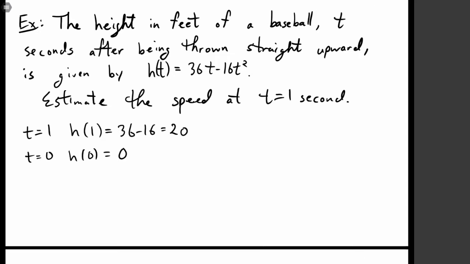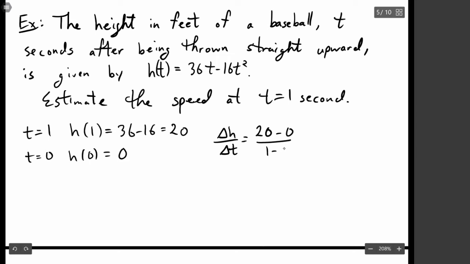And so our average rate of change here would be 20 minus 0 over 1 minus 0, which is 20. So in that first second, the average rate of change is 20. This should be feet per second.